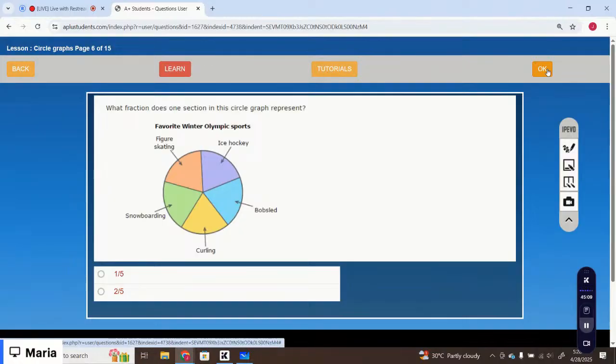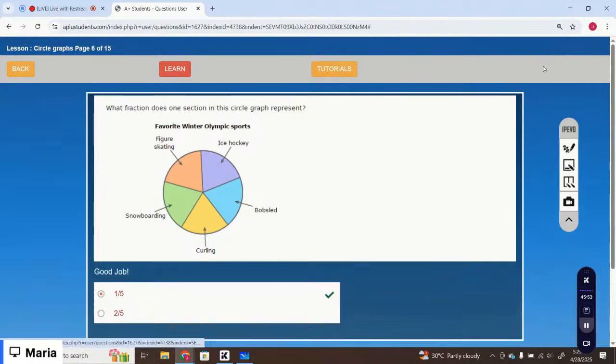What fraction does one section in the circle graph represent? So, which is the correct option? It's 1 out of 5 because the graph has total 5 portions and each one represents 1 out of 5.